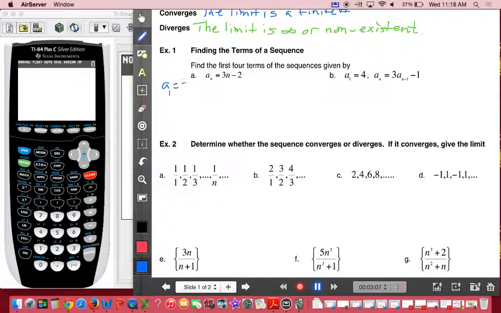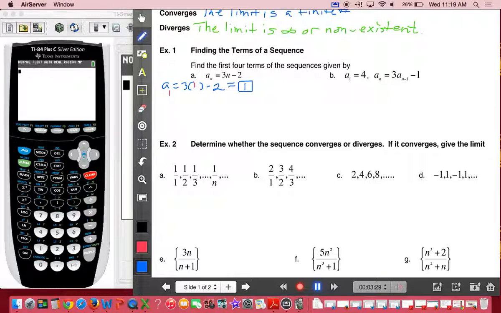And so that equals 3 times something minus 2. So whatever n is, in this case 1, we're going to replace this with n. And so what value do I get here? 1. That was a tough one, right? So your very first term in the sequence, a sub 1, has a value of 1.